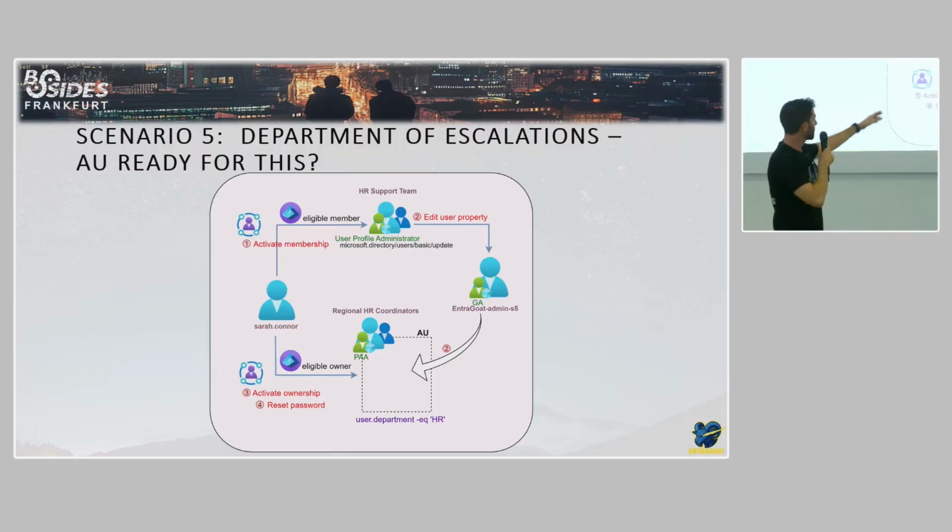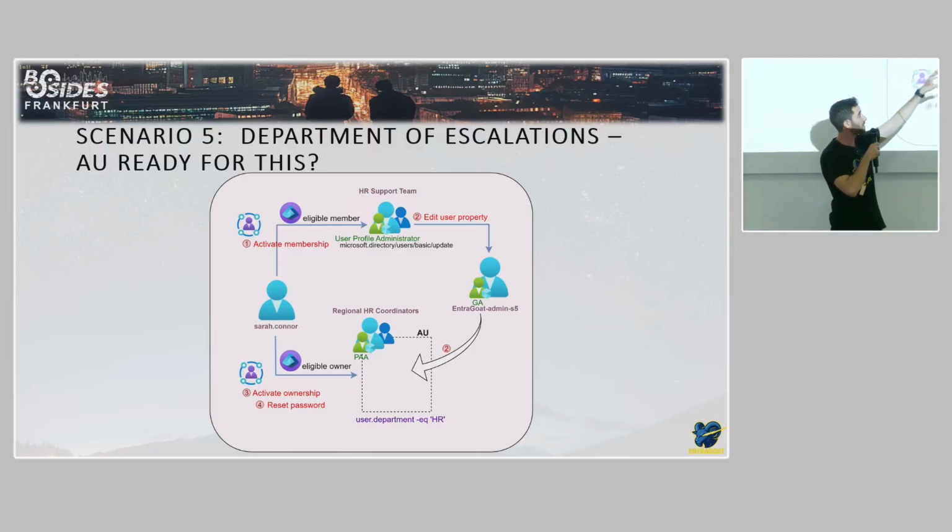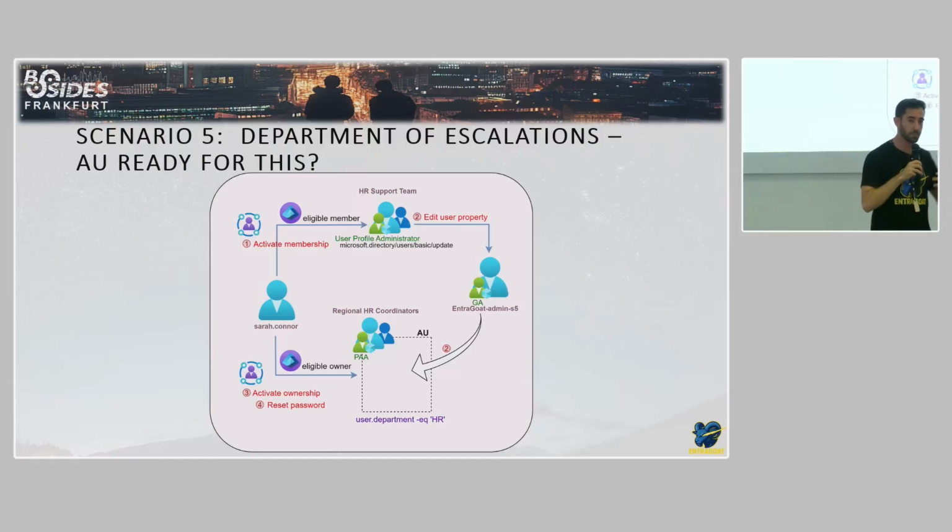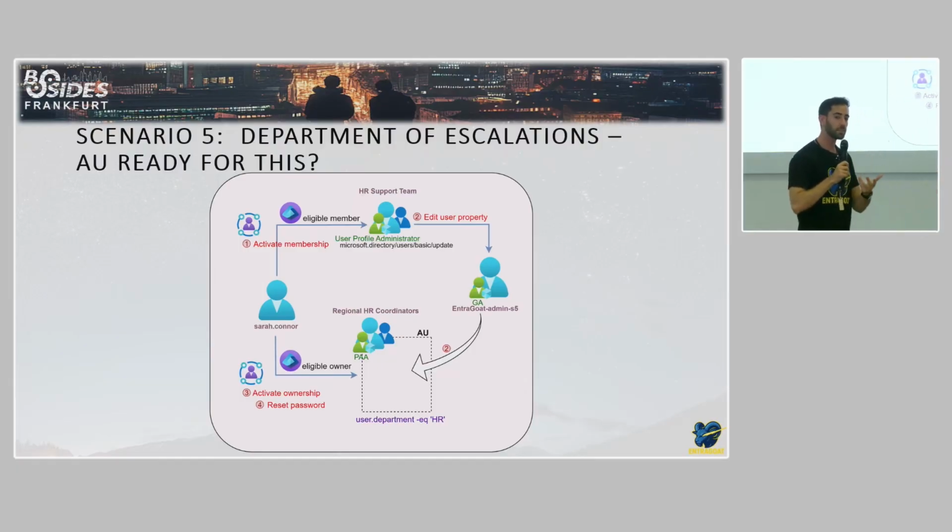It's a custom role we built in order to showcase that even the least privileged permissions, such as user basic update, can cause a lot of harm if you don't use them correctly. Okay, so this very basic action, called in the documentation user basic update, can update and change any properties on any identity within the tenant. It's basically a feature for IT admins in order to change departments, to change names, to change basic properties.